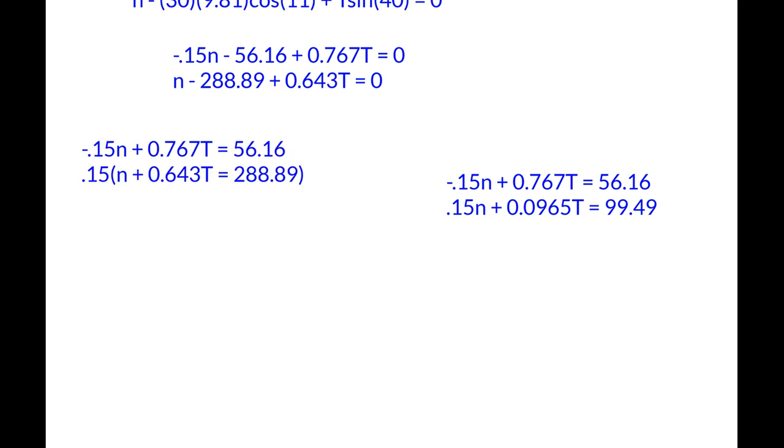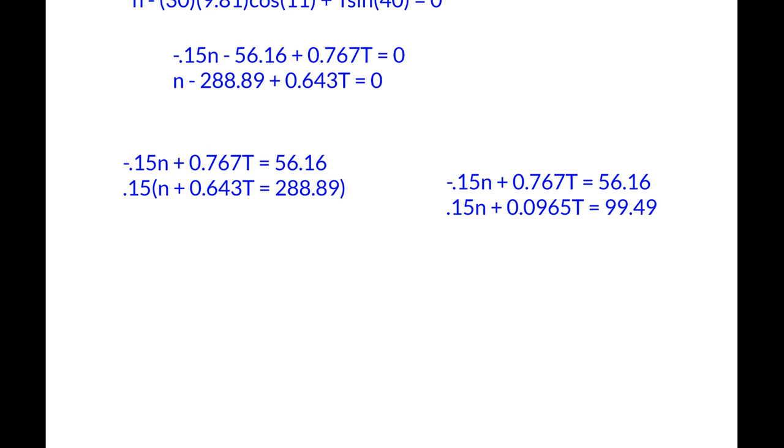What I'm doing here in this section is I'm multiplying our bottom equation by 0.15 so that then this term will cancel out with this term when we add the two equations together. If you look over at this set of equations, I've already done that multiplication. So let's add these equations together now.